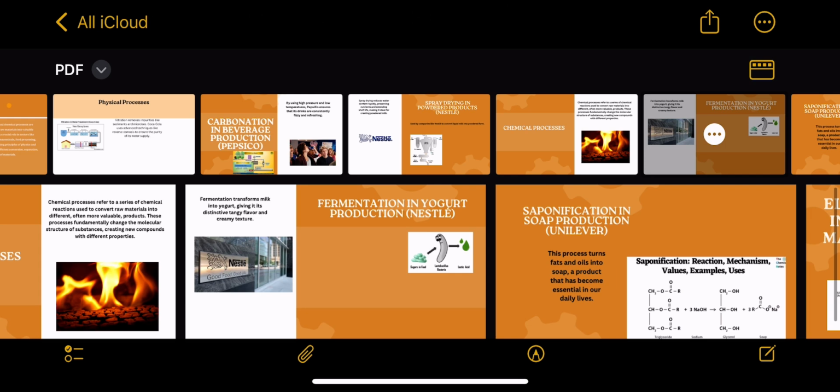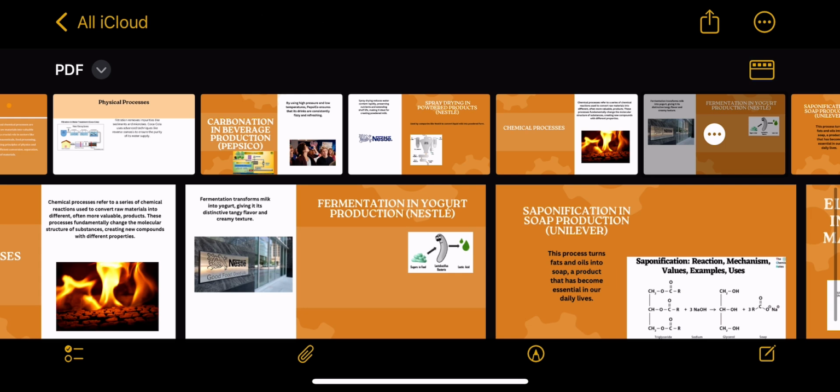This is pretty interesting because you mix those ingredients, those raw materials, and they pass through a process as well, and you have a soap. Before you had oil and fats, but now you have a soap, and obviously it's a chemical change because you are transforming into a new substance, into something new.